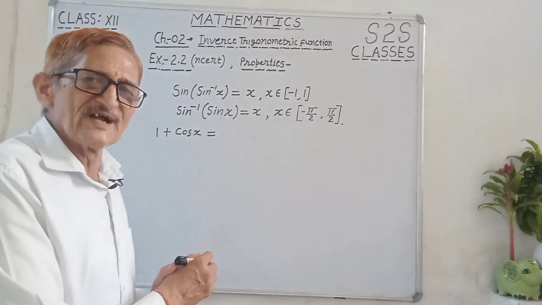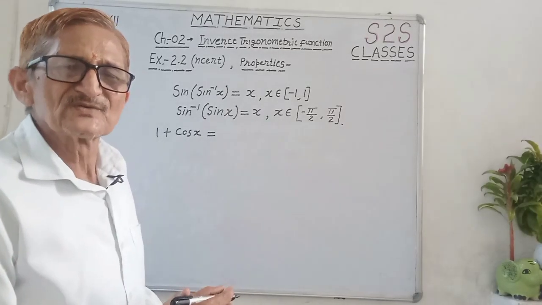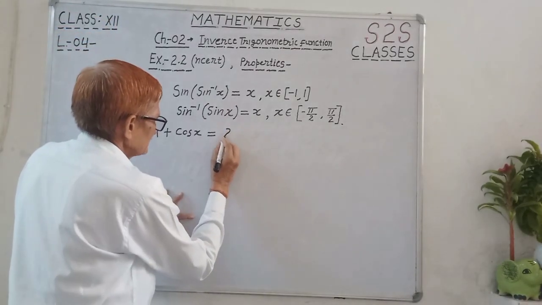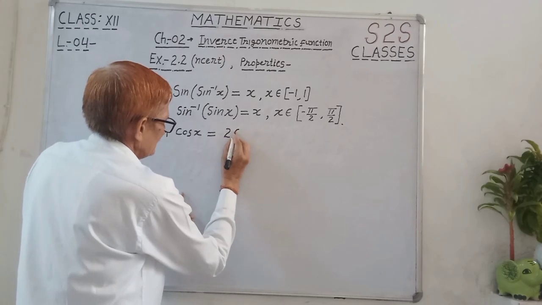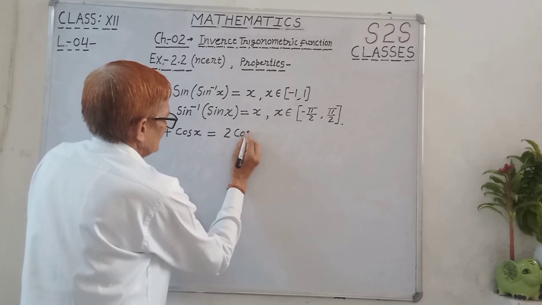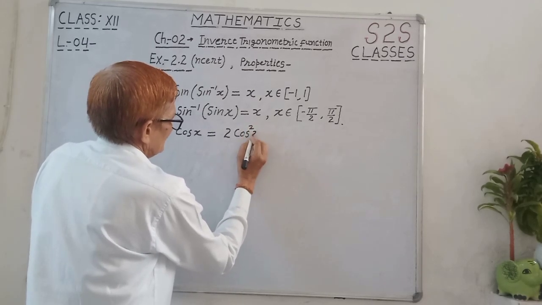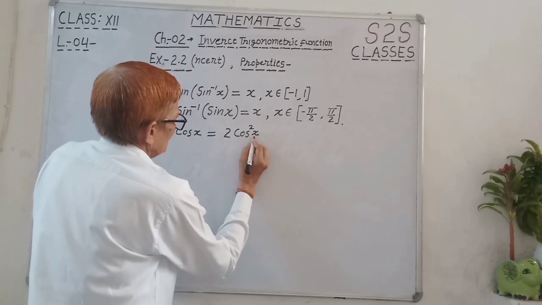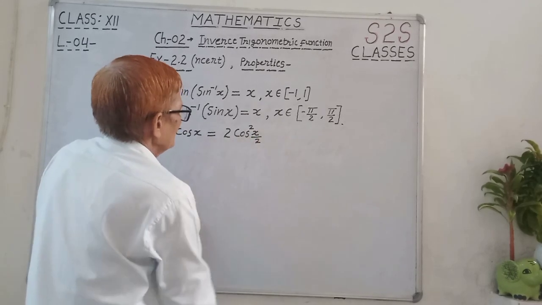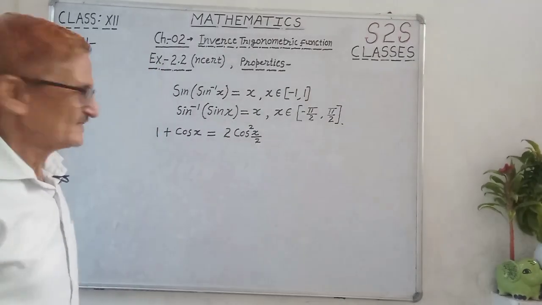Minus 1 will come to this side, so 1 plus cos x is directly 2 cos square x by 2. Remember this.